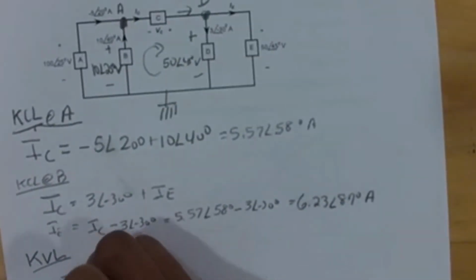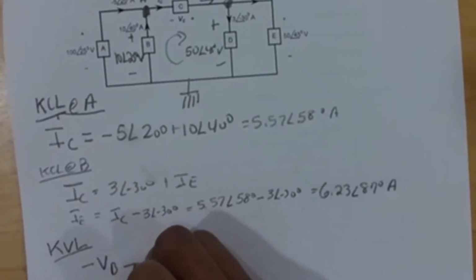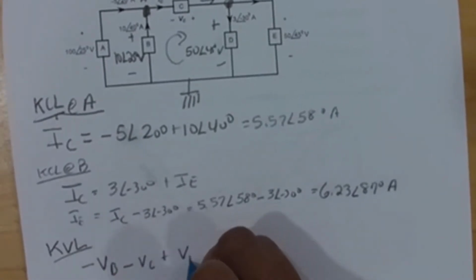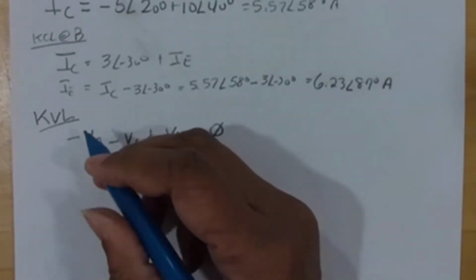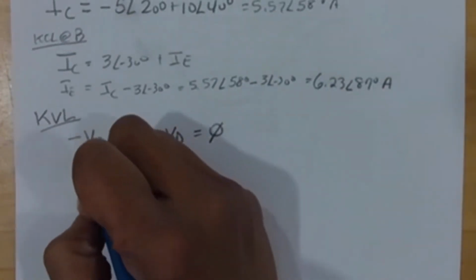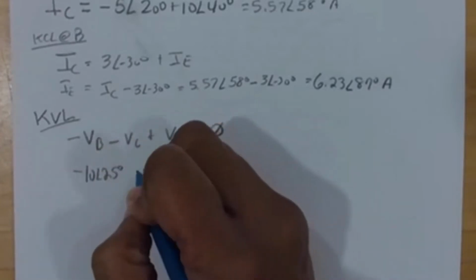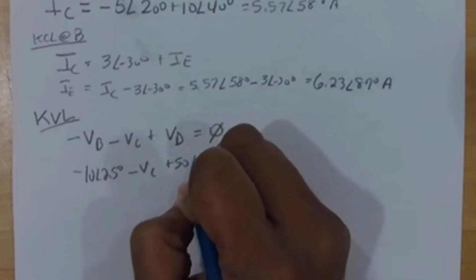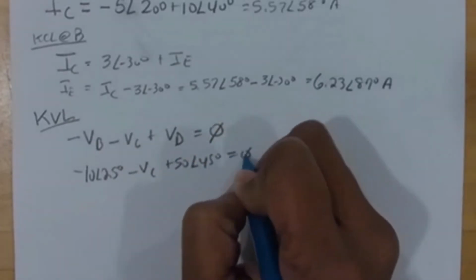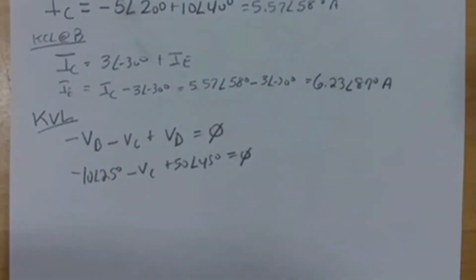So negative VB, negative VC, plus VD equals 0. So that's going to be negative 10 angle 25 degrees minus VC plus 50 angle 45 degrees, and that equals 0.